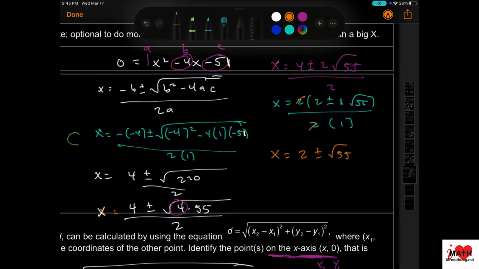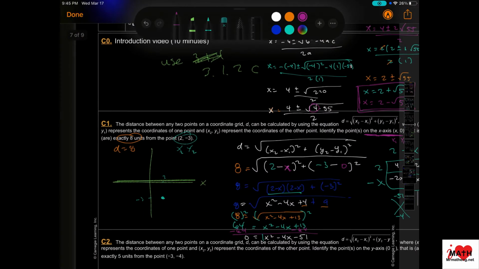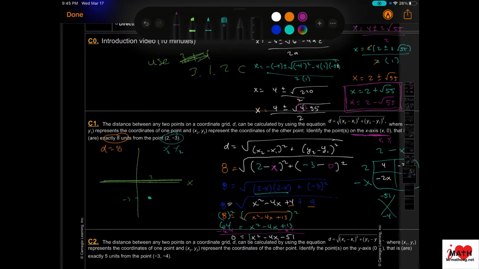Remember that plus or minus basically means it's x equals 2 plus radical 55 and x equals 2 minus radical 55. So these are our answers. Basically, let's just put that in. Radical 55 is like 7.4.